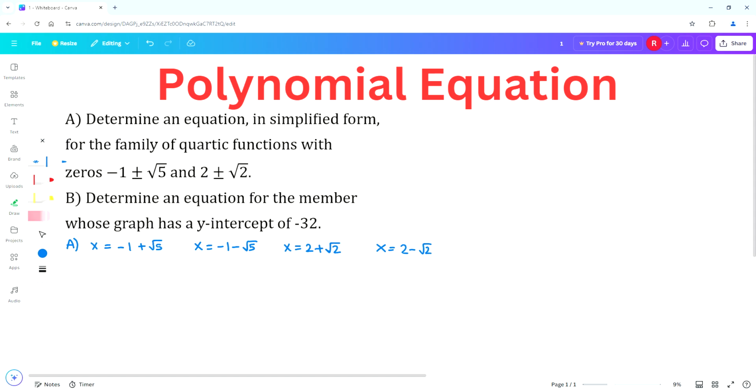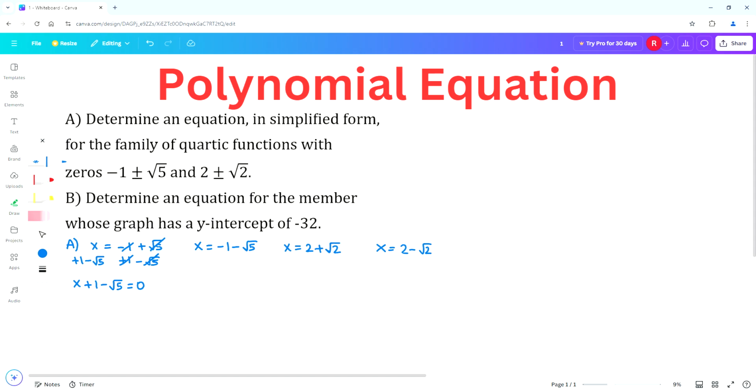We can find the factors for the quartic function by setting these equations equal to 0. Let's start with the first 0. We should add 1 and subtract square root of 5 from both sides. The first factor for the quartic function is x plus 1 minus square root of 5.